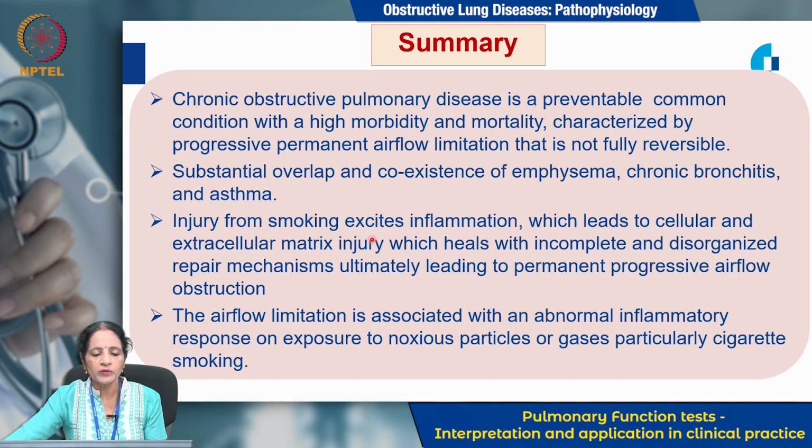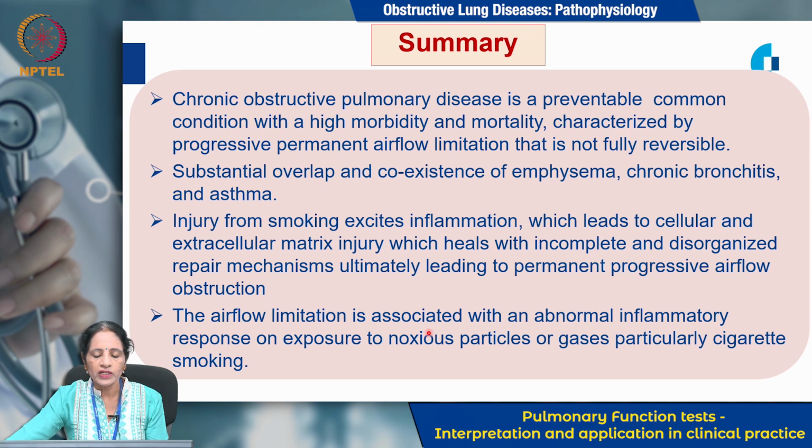Injury from smoking, the most important factor in development of chronic obstructive pulmonary disease, excites inflammation which leads to cellular and extracellular matrix injury, which heals with incomplete and disorganized repair mechanisms, finally leading to permanent progressive airflow obstruction, leading to either bronchitis or emphysema, and also may be a trigger in bronchial asthma.